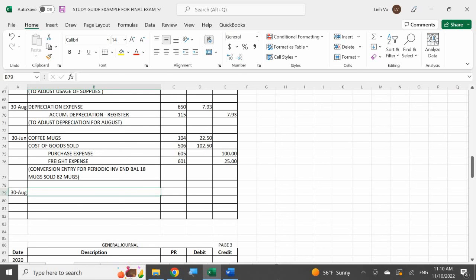So are you going to debit your income summary? No. How do you close out your revenues? Just in general, how do you close out an account?